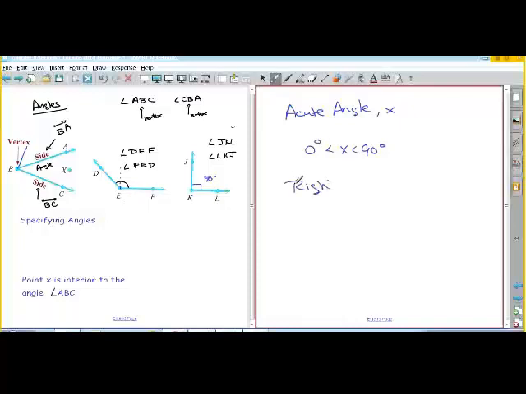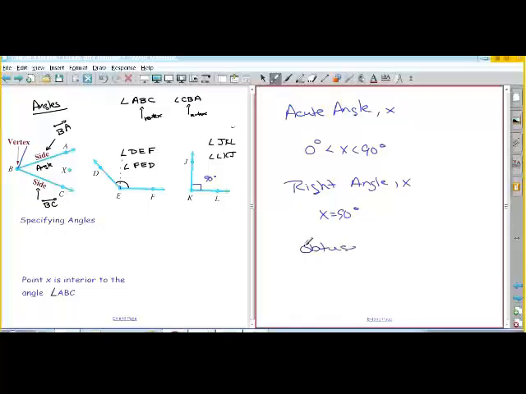Then you have a right angle. A right angle, which I'm going to call X again, is when X equals 90 degrees. And then you have, what's the one that's between 90 and 180 degrees? Obtuse. Yeah.